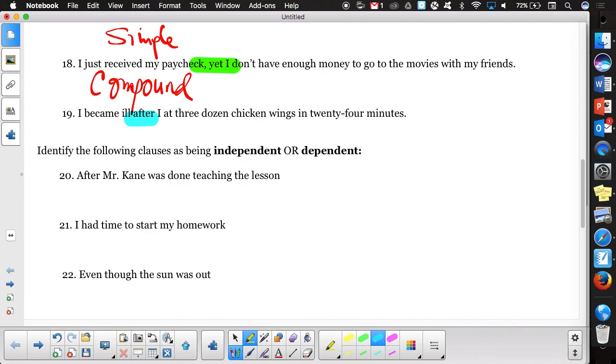That is a dependent clause because the word after goes with it. After I ate 3 dozen wings in 24 minutes, we need to know what happened. What happened? I became ill. So this is a complex sentence. Does that make sense? Again, assuming it says ate as opposed to at.